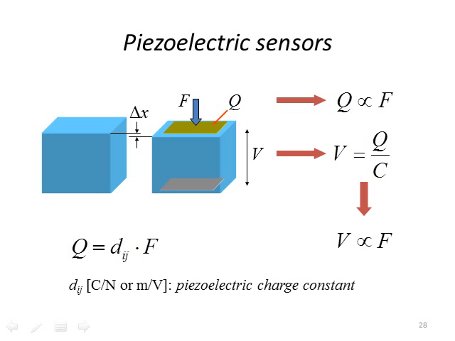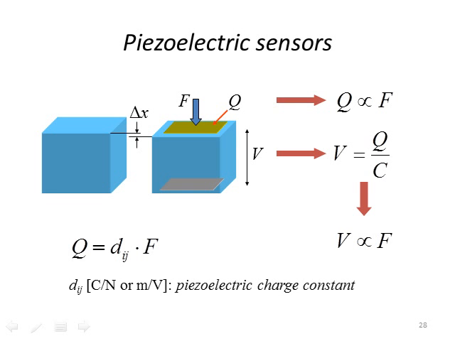So for a piezoelectric sensor, think of the material as a blue block, which is some piezoelectric material, like quartz, for example, which is a good material. Then we put 2 metal electrodes on the top and bottom faces.